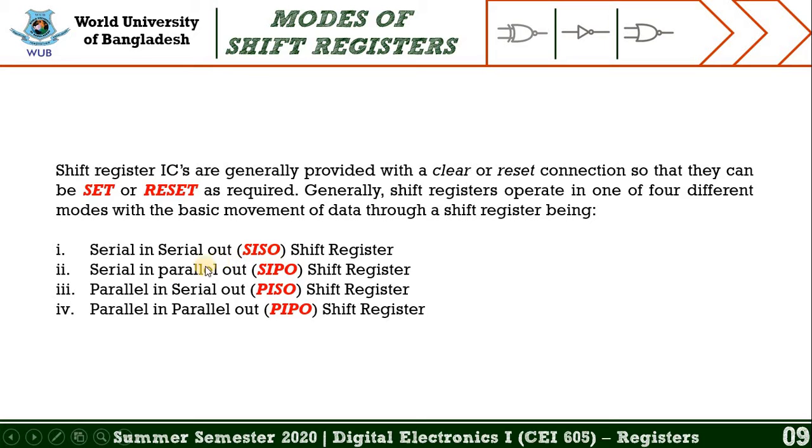Next one, serial in, parallel out shift register, which is also known as SIPO. Next one, parallel in, serial out shift register, which is also known as PISO. Last one is parallel in, parallel out, which is also known as PIPO shift register.